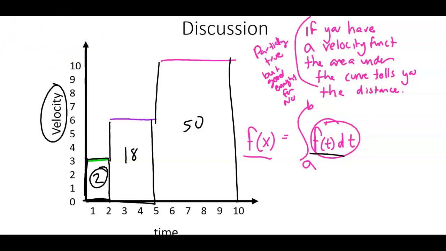So now I worded this in such a way to connect it to our word problem, but now I'm going to word it in a more general format.